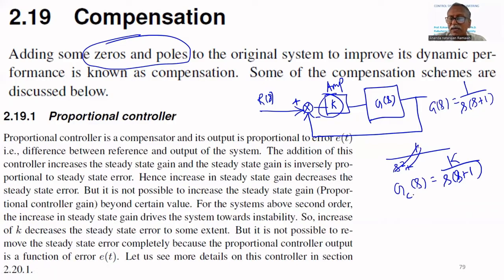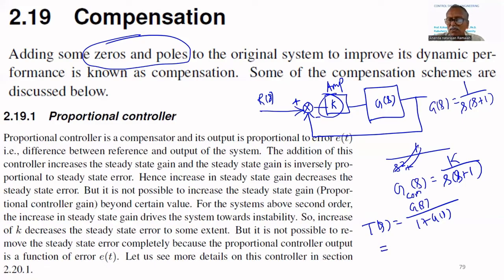What is the closed loop transfer function? T of S equals G of S upon 1 plus G of S, H of S equals 1, unity feedback system.